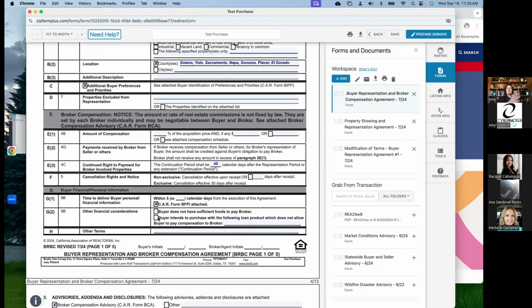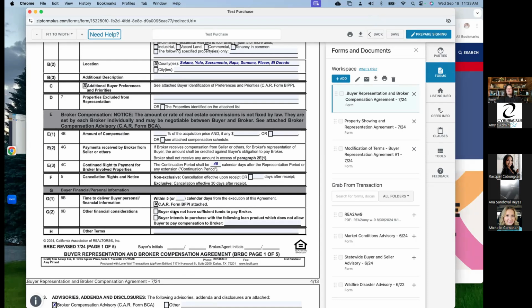So, right, we want to know upfront that the buyer isn't going to be able to pay us, because it may change what properties we choose to show that buyer, or how we handle the showing of properties up front. We may need to have conversations with the listing agents ahead of time to ask them if their sellers are willing to pay compensation or pay concessions to the buyer.